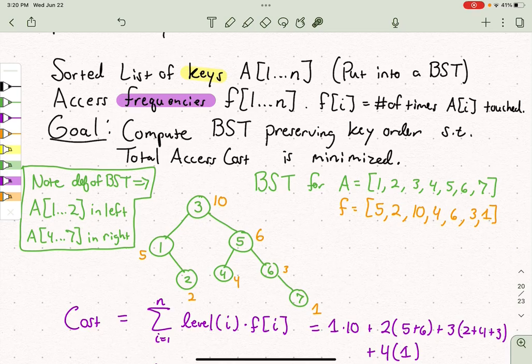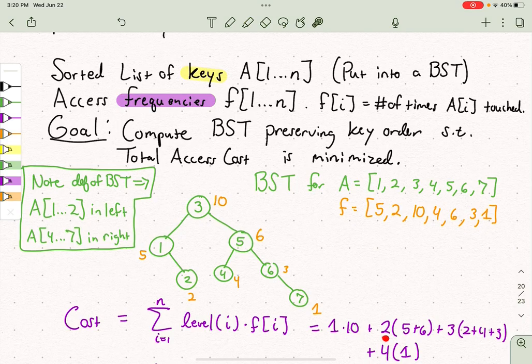One thing to notice is that the highest frequency item generally needs to be close to the top, because if you're accessing it constantly, you want to lower the cost per access, which would be the level. For this specific example, the cost would be 1 times 10, since the root 3 will be accessed 10 times.